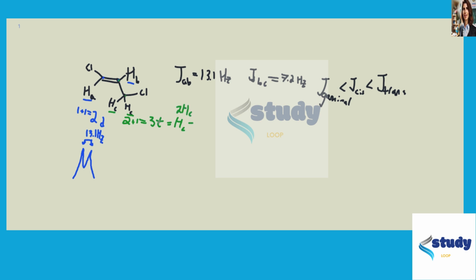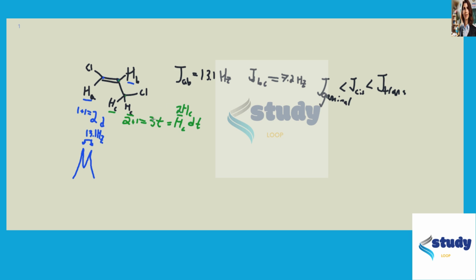We have a doublet of triplets, because each one of these HC protons gives us a triplet, but we have two of them.